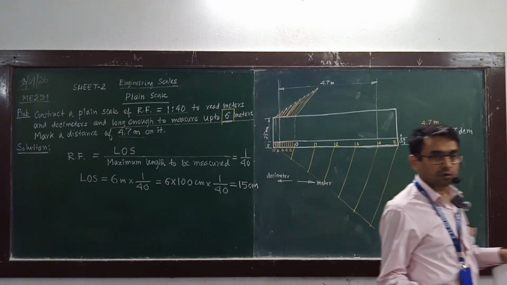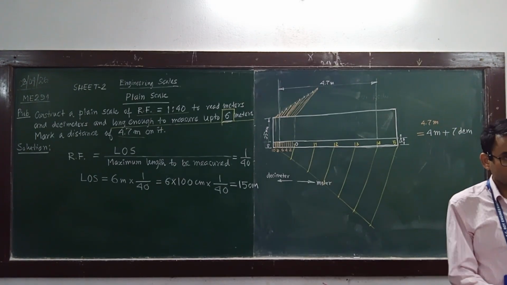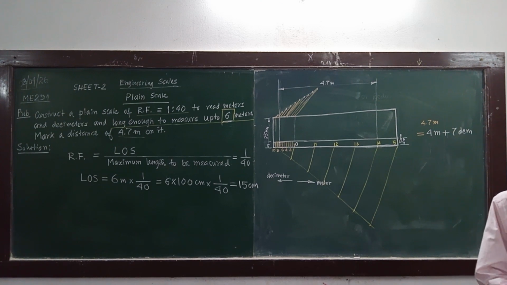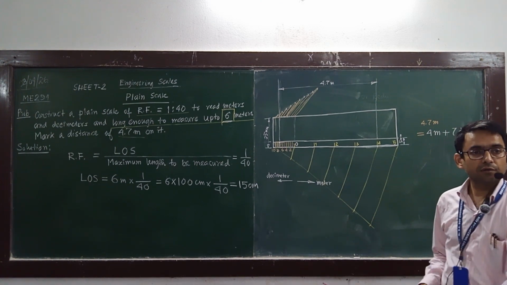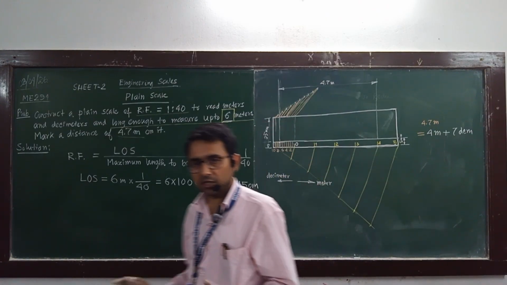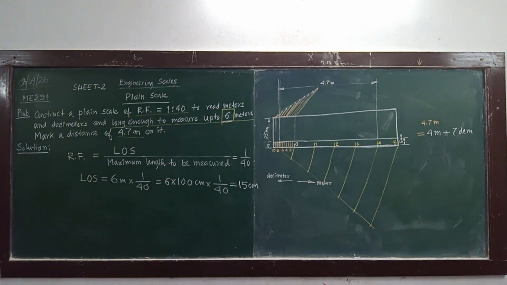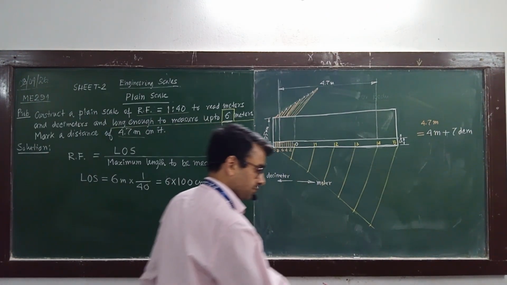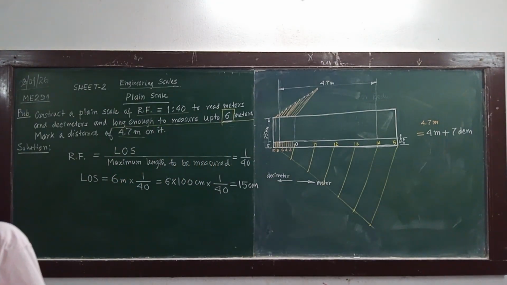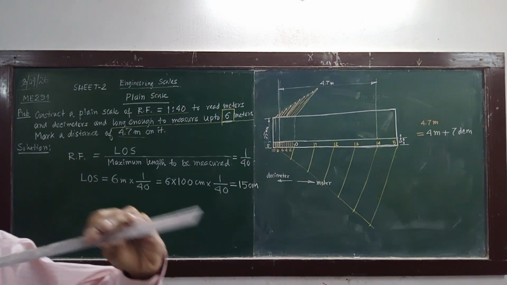So on which basis we are determining the width of the scale? No, that is recommended. Right? Just like this. It has no rule actually. It only holds the graduation.